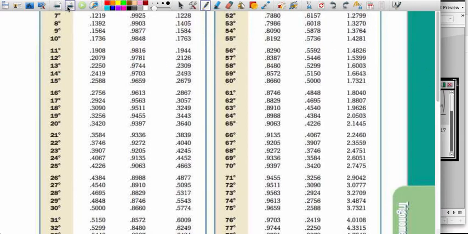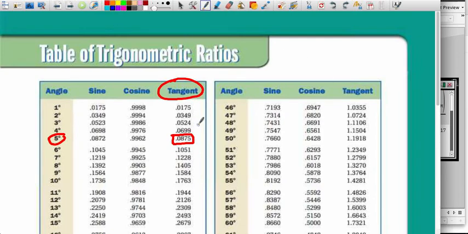If you look over here, we've got 0.0699 and 0.0875. 0.08 is right in between those two, and what that indicates is that we're expecting the hill to have a gradient with a degree of around between 4 and 5 degrees.